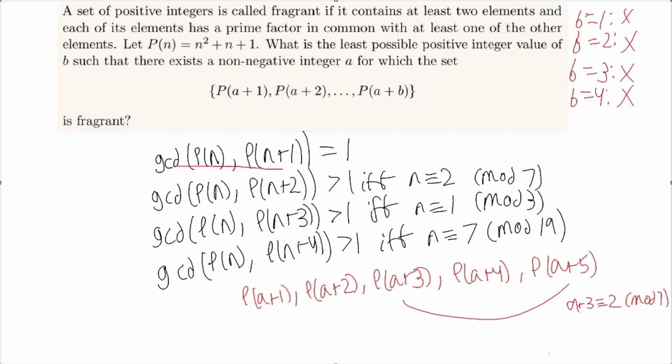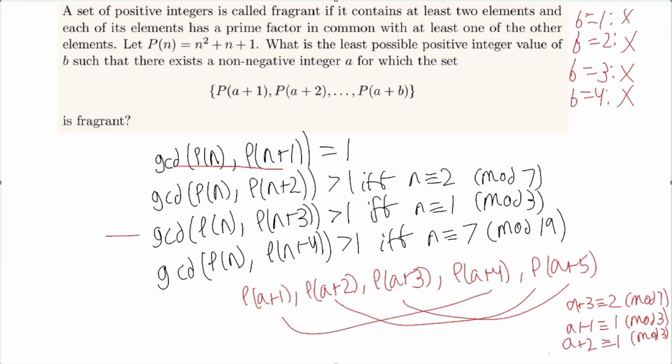And I forgot to say that because we have P of A plus 4 and P of A plus 1 together, A plus 1 is equivalent to 1 mod 3. Forgot to say that earlier. And then because we can't have P of A plus 2 and A plus 4, we have that these two are paired together. And that means by this item here that A plus 2 is also equivalent to 1 mod 3, and this does not work again.